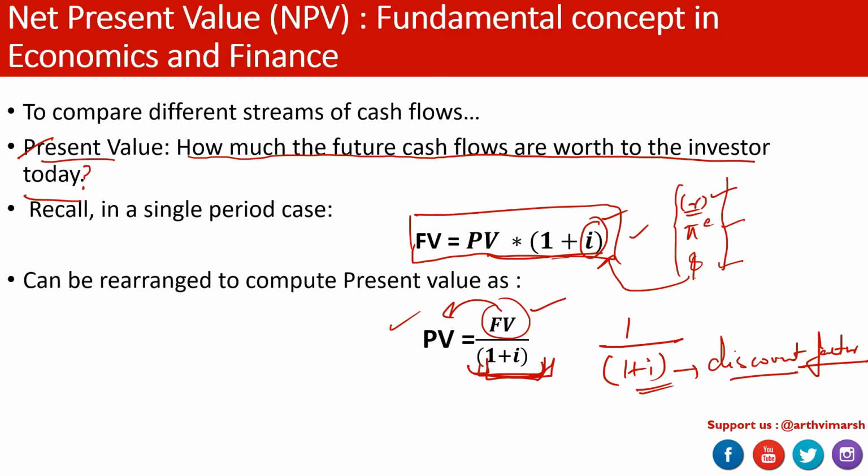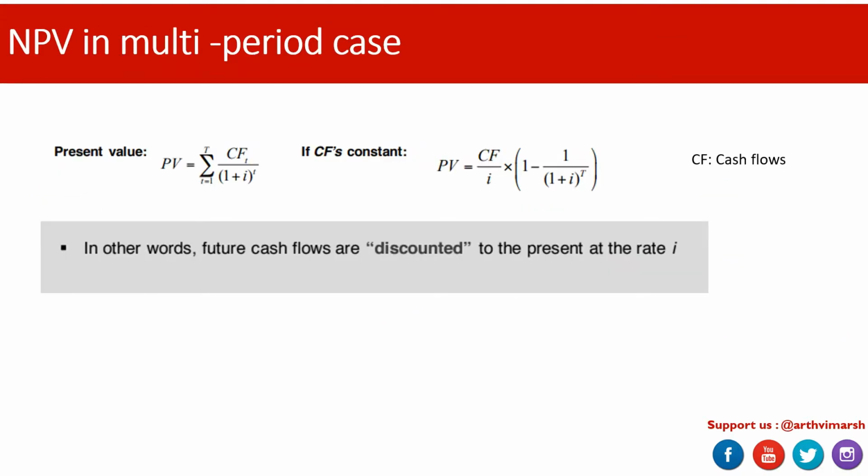Now the future payment is discounted using this factor, and in the multi-period case we have a very parallel expression to this, which is this one. So how to understand the multi-period case? Now imagine that you have cash flows over time periods.